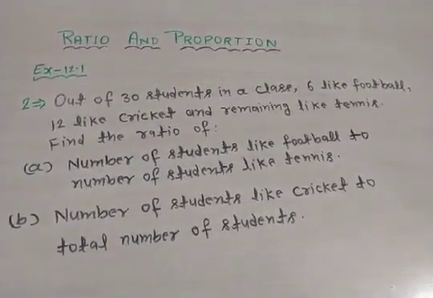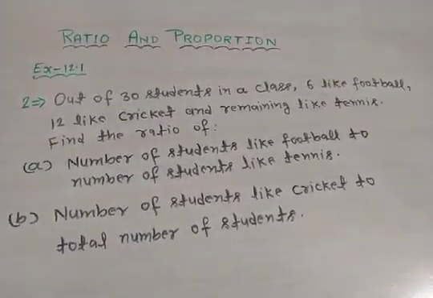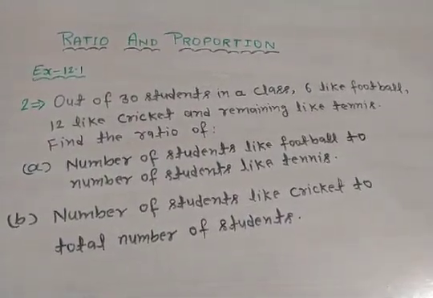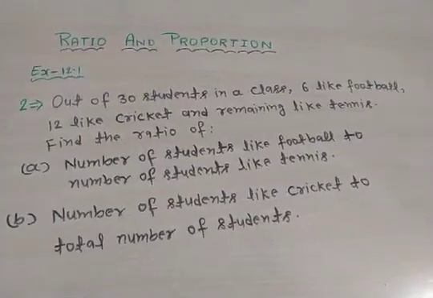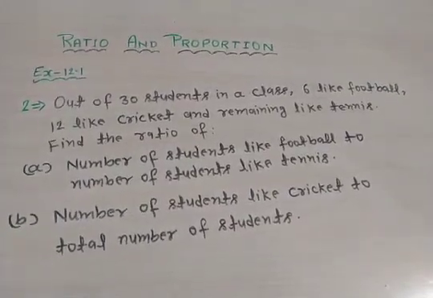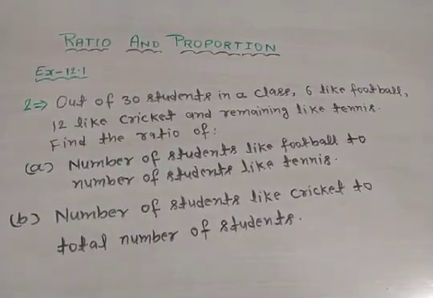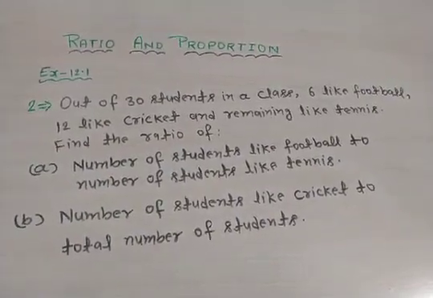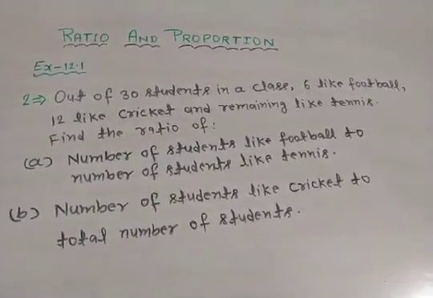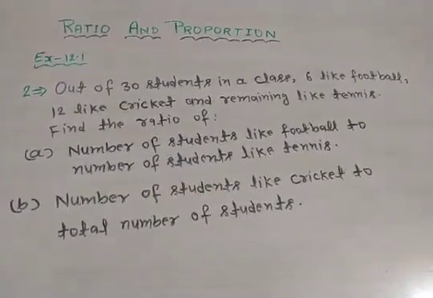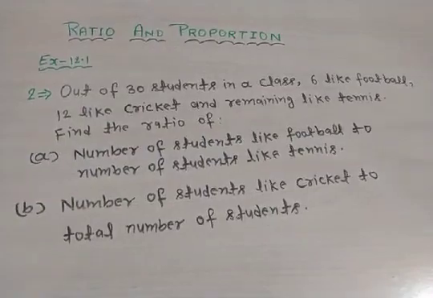If you divide numerator and denominator by 6, you obtain 2 by 5. Then the required ratio is 2 ratio 5.